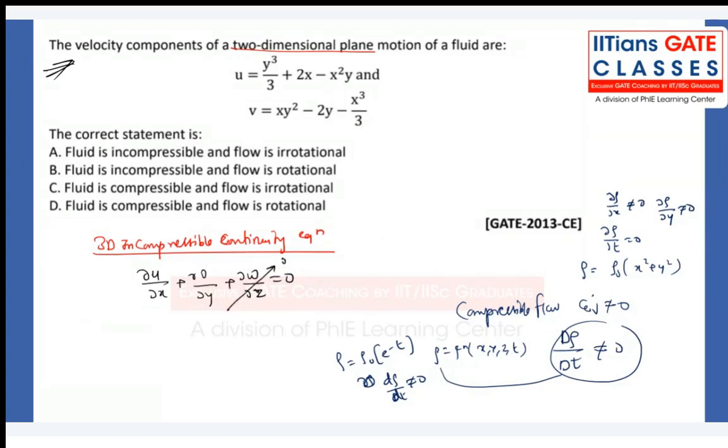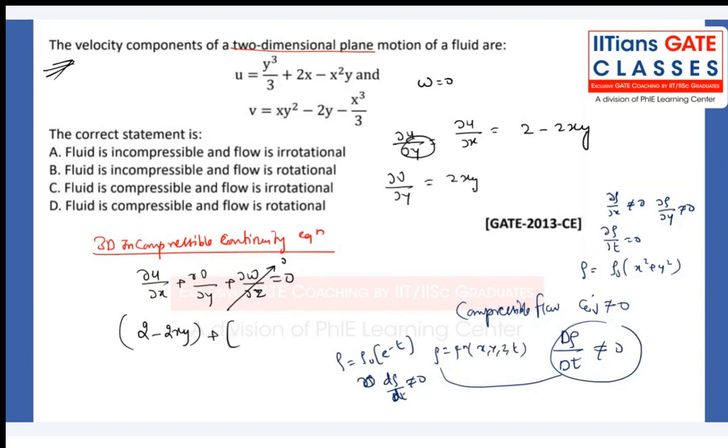Omega is zero in this case. Dou u by dou x will be what? 2 minus 2xy. Dou v by dou y will be what? 2xy minus 2. This will cancel out. I will be getting equal to 0.